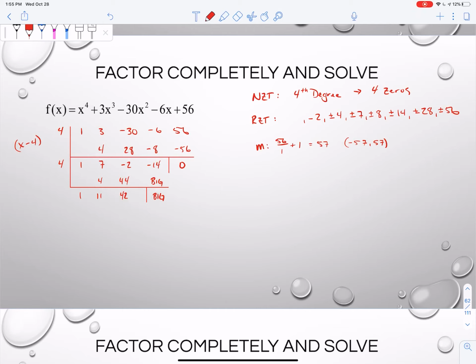So 2 things that it does tell me here: 1, 4 doesn't work a second time, so I can get rid of 4 from my list of possible values. But it also tells me I tested a positive factor. I got an all positive or 0 third row, which tells me that every positive value greater than 4 is not possible because 4 is an upper bound of the function.